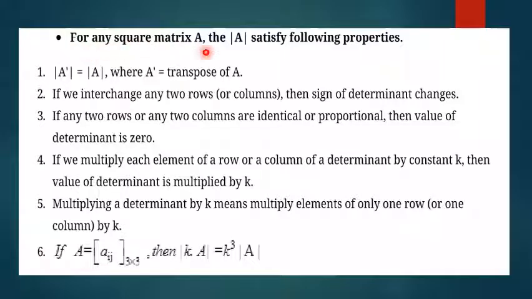For any square matrix A, the determinant of A satisfies the following properties. Now we are going to study some properties. There are around 8 properties. We see them one by one.